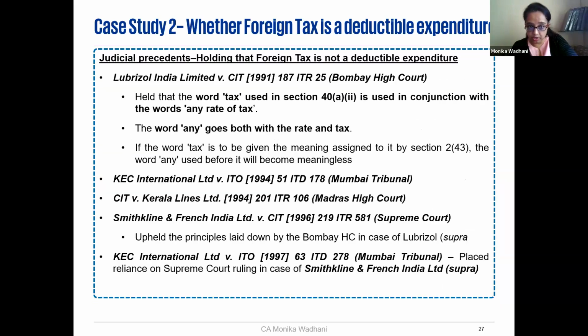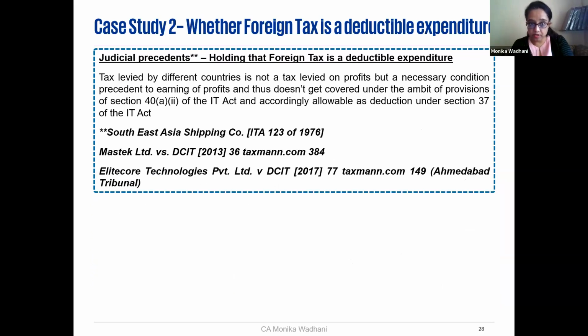And we have the understanding from all this Lubrizol and Smithline case laws. However, there are some case laws which have taken a contrary view, which is in favor of the assessee.